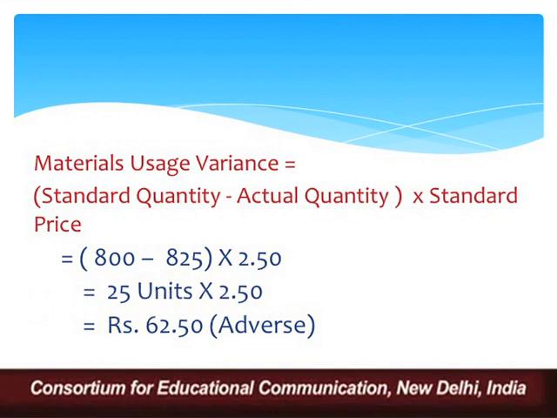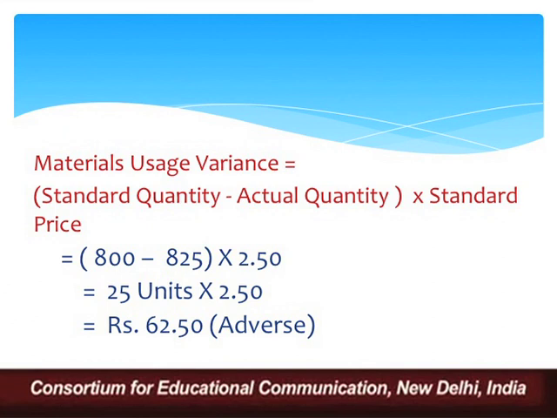Standard quantity given is 800 units. Actual quantity is 825. So the difference is 25 negative, because actual quantity is greater than that of standard quantity, and standard price is 2.50. So usage variance comes to be 25 units into 2.50, and I would say that it is 62.5 rupees adverse.